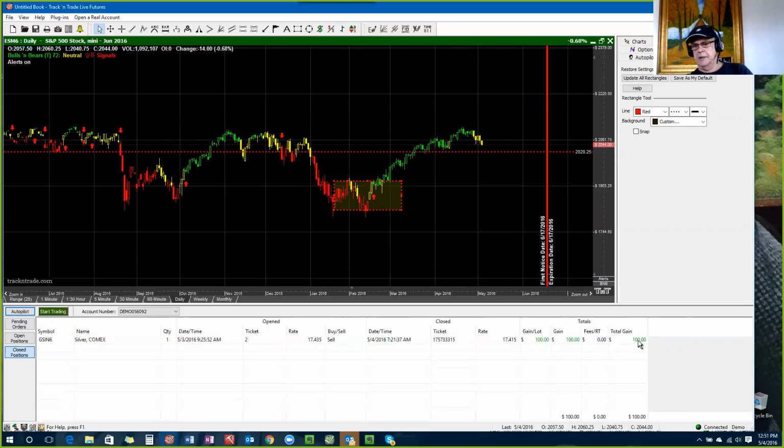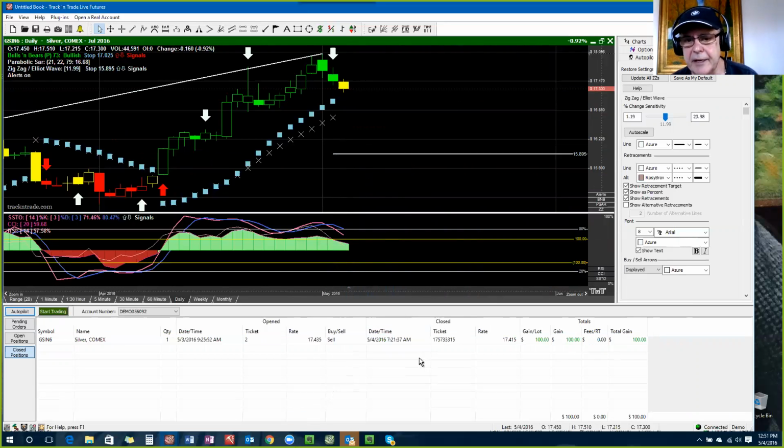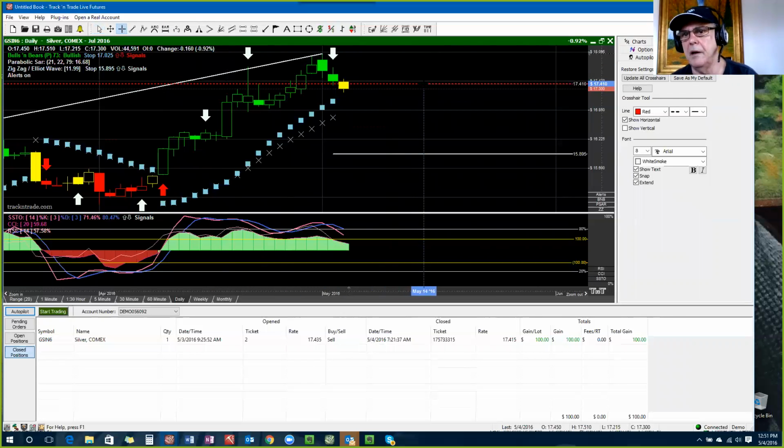So anyway, the trailing stops work well sometimes, and sometimes they don't. It stopped me out with a $100 profit, but if I'd have stayed in that trade, it got me out here at 435. Right around here somewhere.